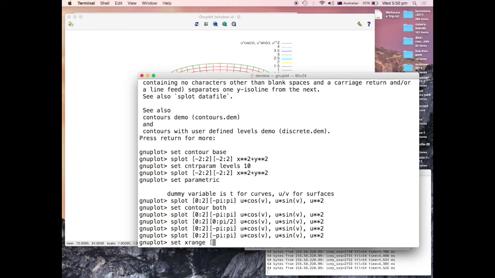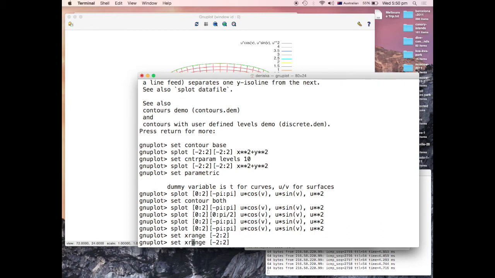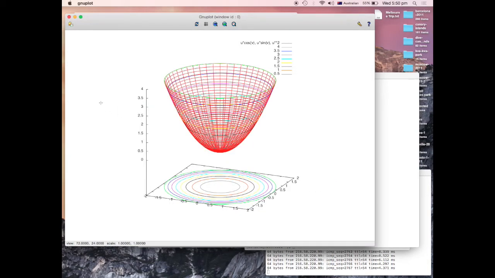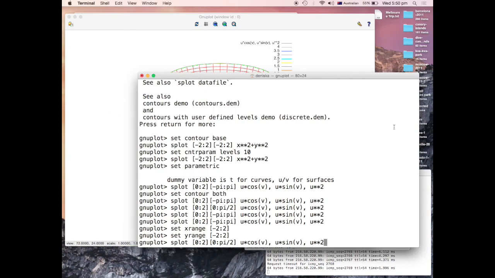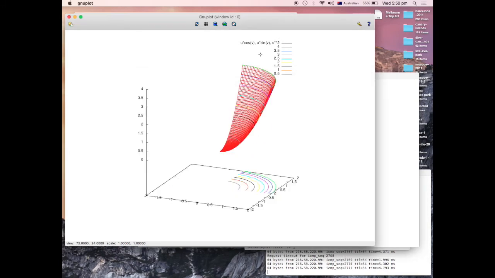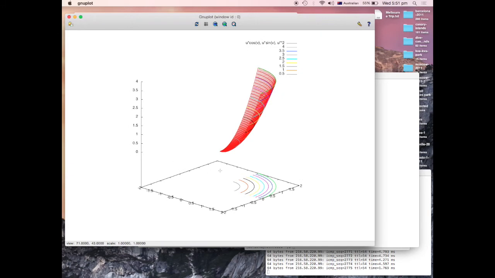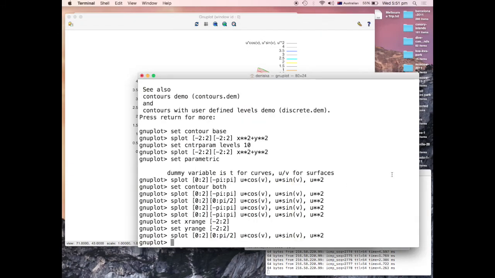I say negative 2, 2 for the x range, and the same for the y range. Now if I ask for my quarter again, 0 to pi over 2, the view angle will not change. Here it is. Here's my quarter with the same proportions and level lines at the same time.